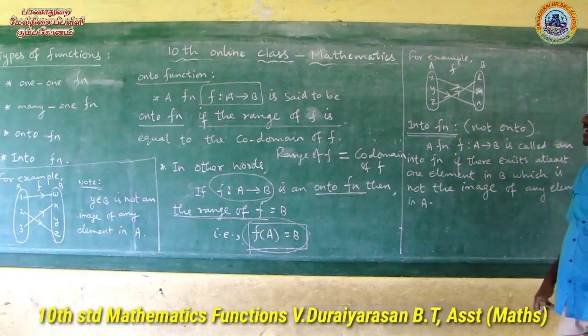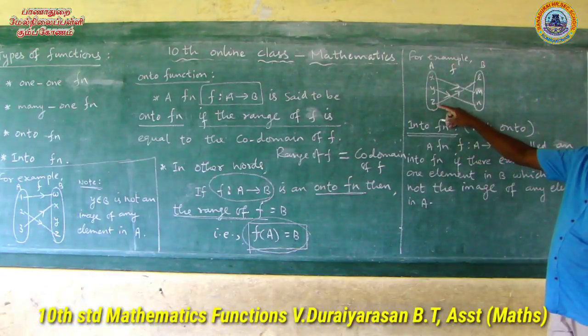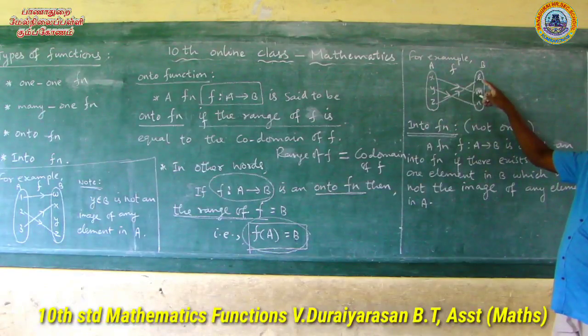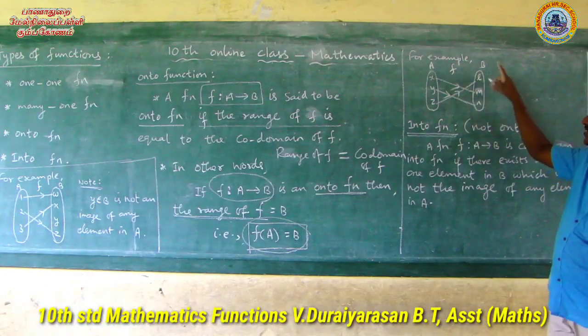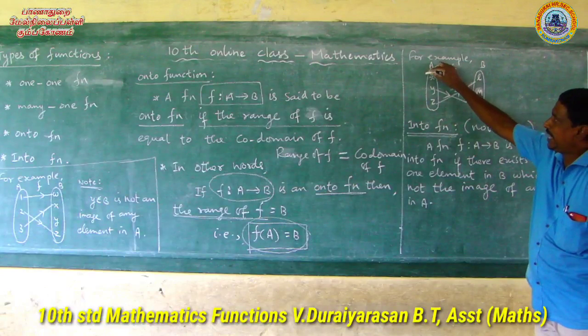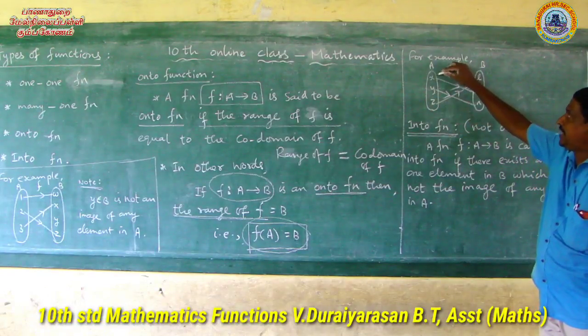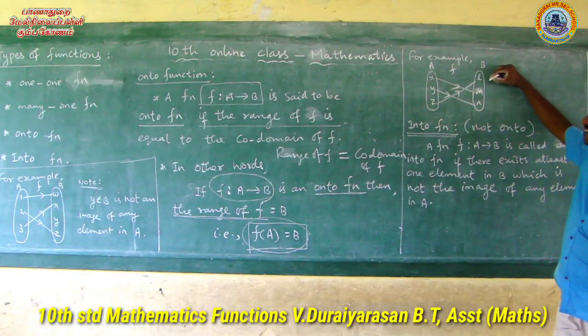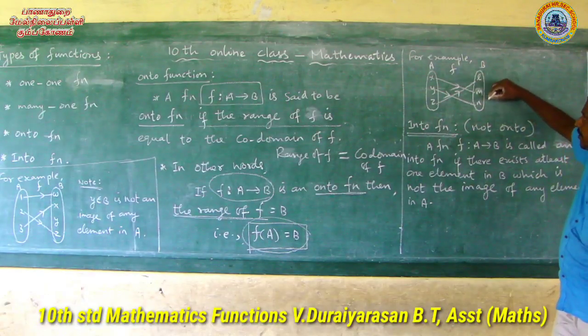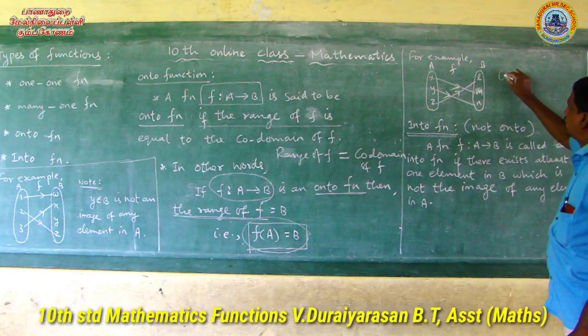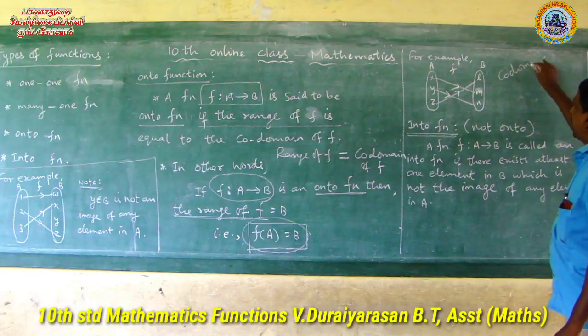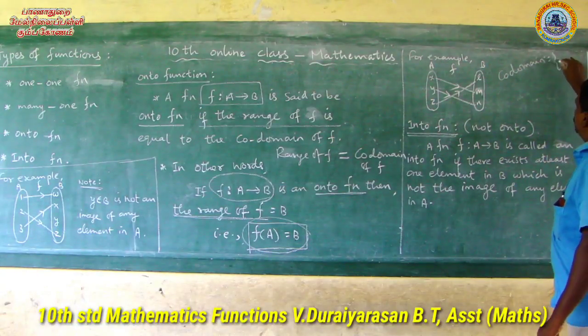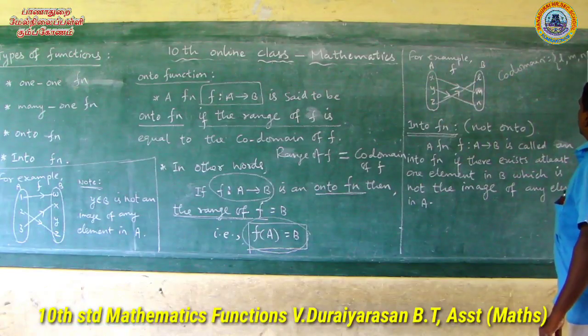Finally, the image of z is L. So all the elements of the domain are connected with the codomain. The codomain is equal to L, M, N.